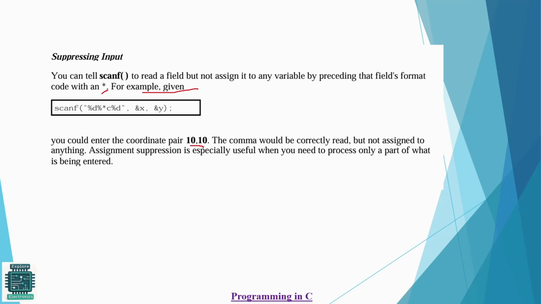The comma would be correctly read but not assigned to anything. Assignment suppression is especially useful when you need to process only part of what is being entered. During that time, we will use suppressing input, otherwise we won't use this kind of input much while writing a program. Okay, that's about scanf.